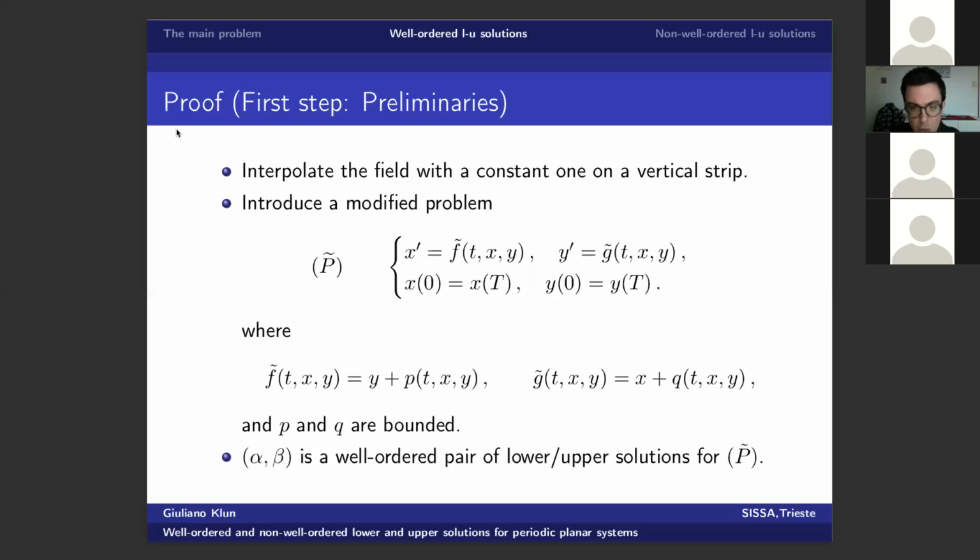We show that with this interpolation, alpha and beta remain a well-ordered pair of lower-upper solutions for the problem P tilde.